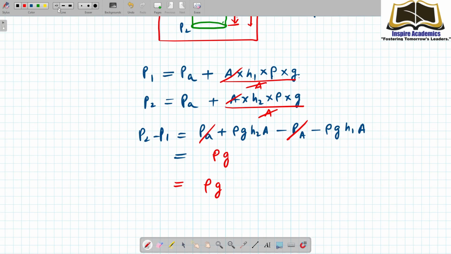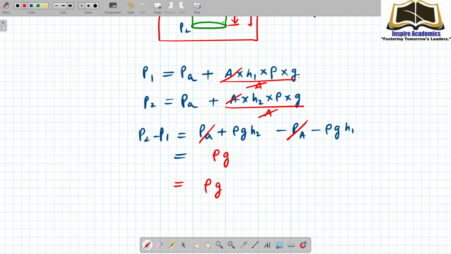So let us just see that we can just remove this A, because we want to know the pressure. So what is this?